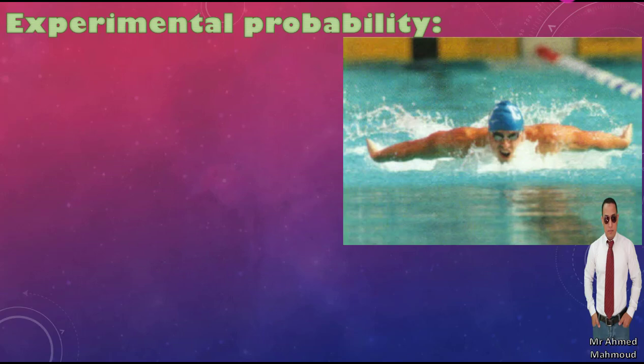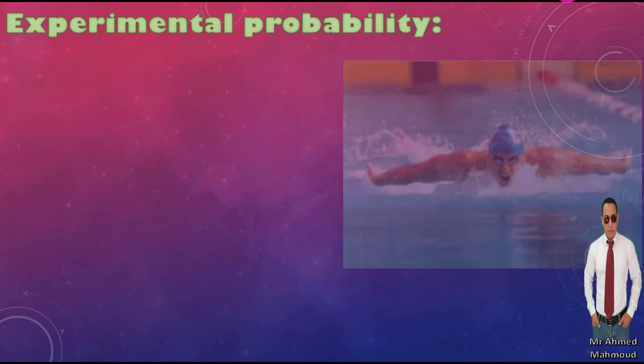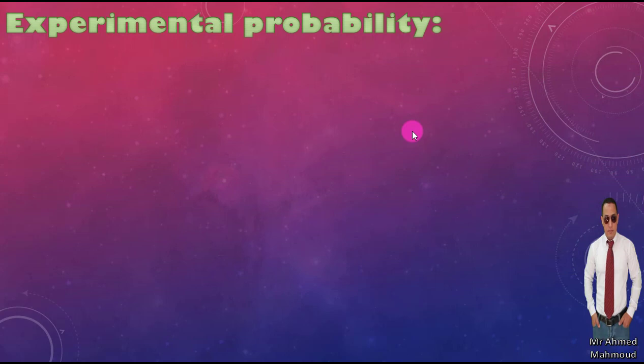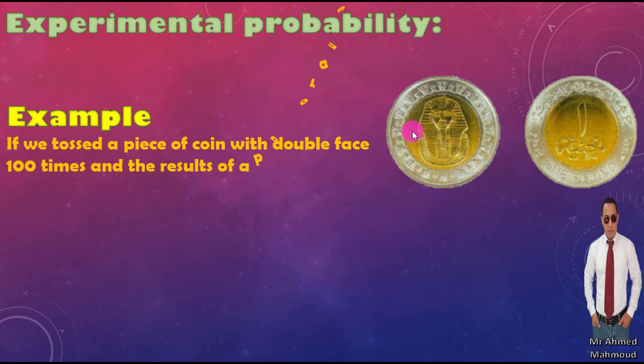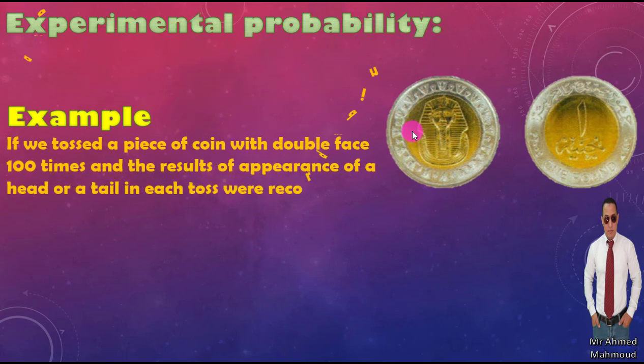Okay, now we have another example. If we tossed a coin with two faces 100 times, and the result of the appearance of a head or tail in each toss was recorded in a table.